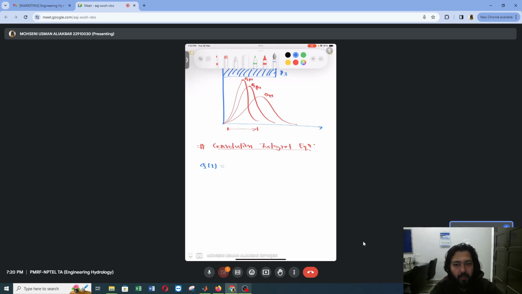If we know the input function and the impulse response function, we can get the output based on the convolution integral equation. The equation is something like this: integral from 0 to t of the input, where tau is nothing but the time. So we know that here q of t is nothing but the DRH, that is, direct runoff.